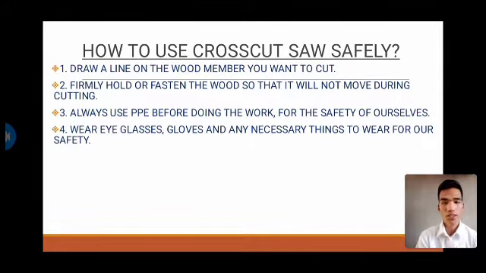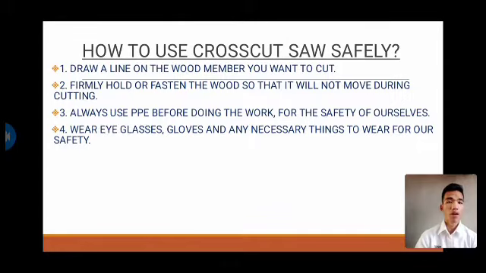And number 4 is wear eyeglasses. Like what I said before, PPE, personal protective equipment, includes eyeglasses, gloves, and any necessary thing to wear for our safety.